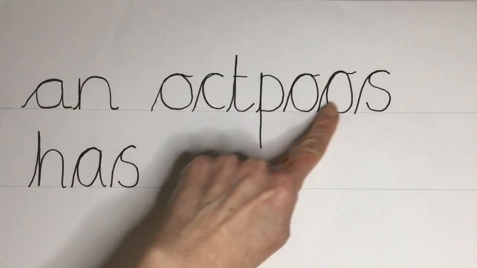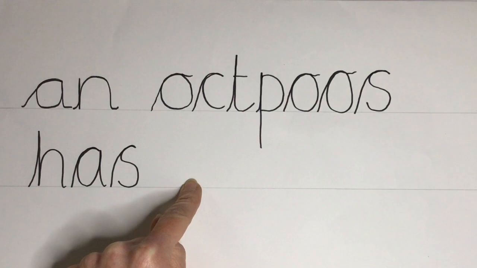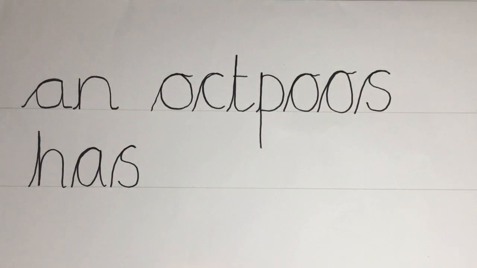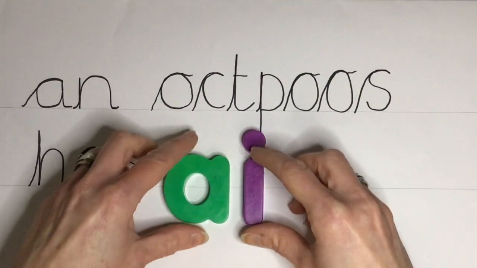An octopus has 8. Oh, A. Now, some of you might be thinking about the capital A. That would be fine. Some of you might be thinking about the digraph A. Now, Lily, I'm going to really help you out here because you're still learning, aren't you? And you're finding odd trick digraphs a little bit tricky. So A is an A and an I together.